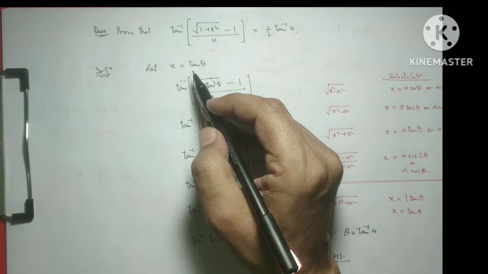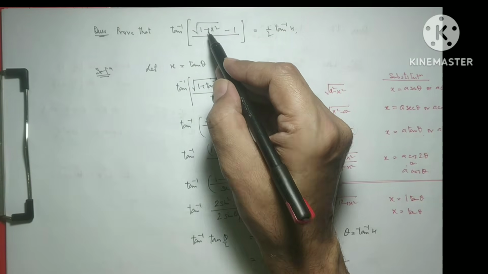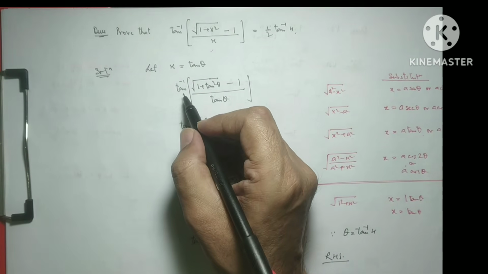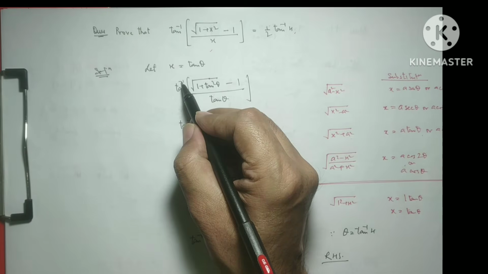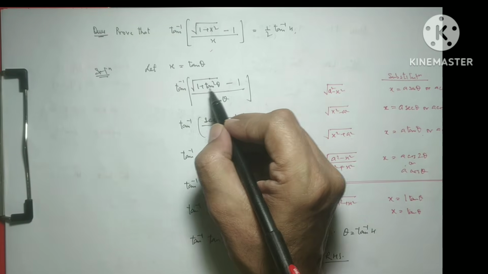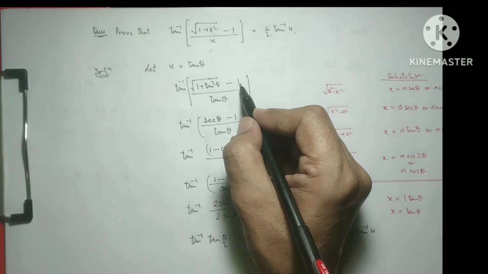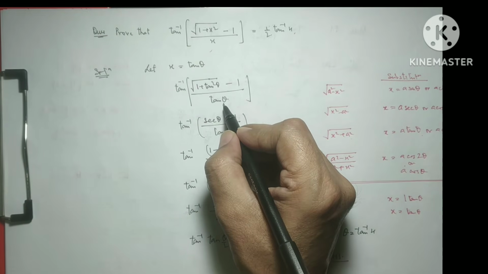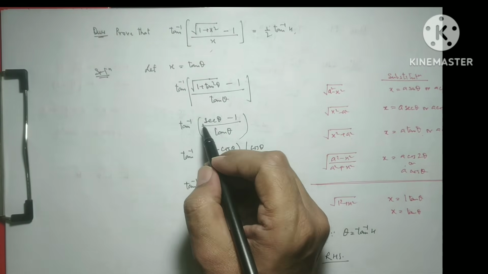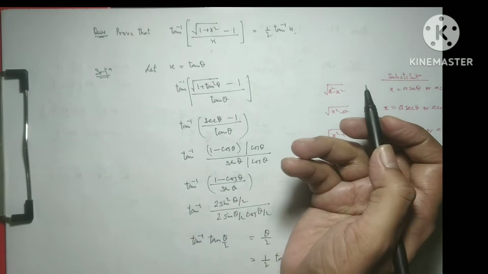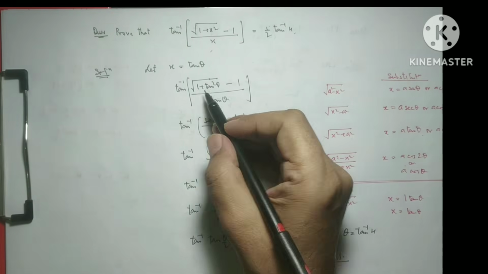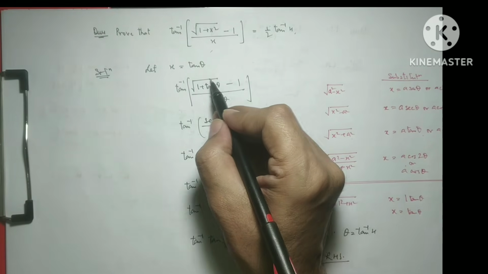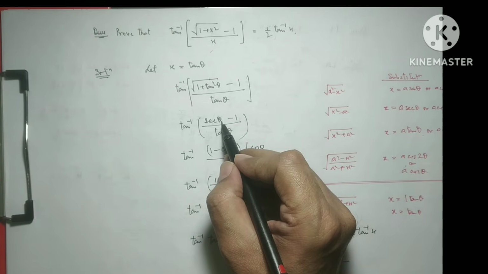So when you put this value in this inner expression, we will get tan inverse of under root 1 plus tan square theta minus 1 divided by, in place of x is tan theta. So it is tan inverse of 1 plus tan square theta, by the basic formula that is sec square theta, and on applying under root we get sec theta.